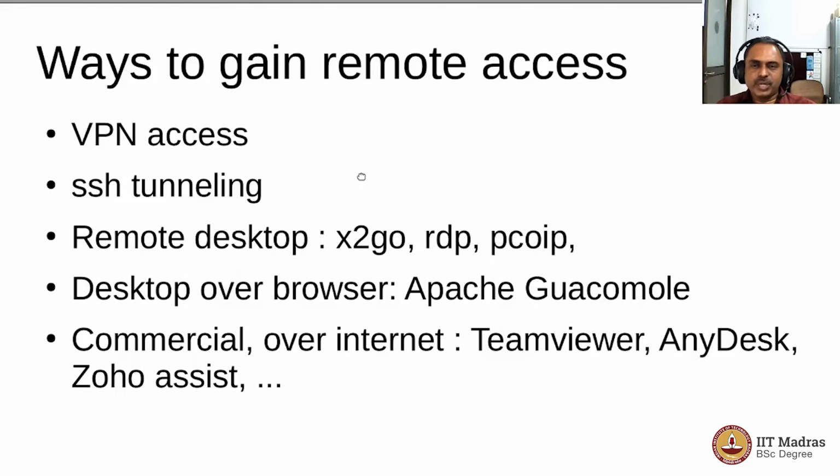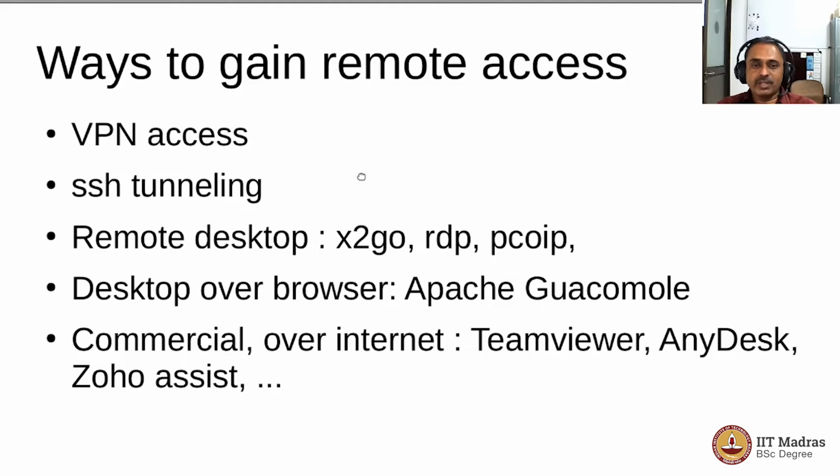Another way of connecting to a remote computer is by using what is called SSH tunneling. That is, you can open a secure shell connection by going through multiple hops and also perhaps changing the port number along the way, so that for security reasons you can connect from your machine all the way to a machine in the campus through machines that allow this kind of tunneling to happen.